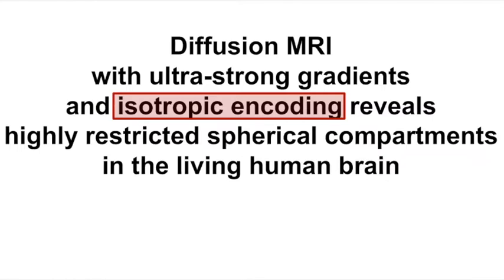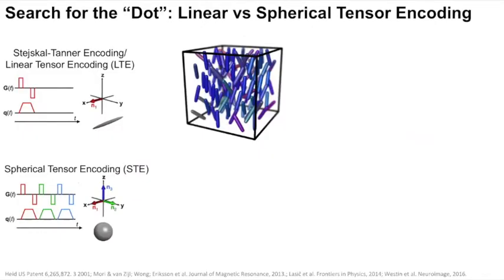Isotropic diffusion encoding is a tool that can make your signal more specific to isotropic highly restricted compartments. Let's say we have a scenario in which there are no dot compartments, but we just have sticks that are a little bit dispersed.